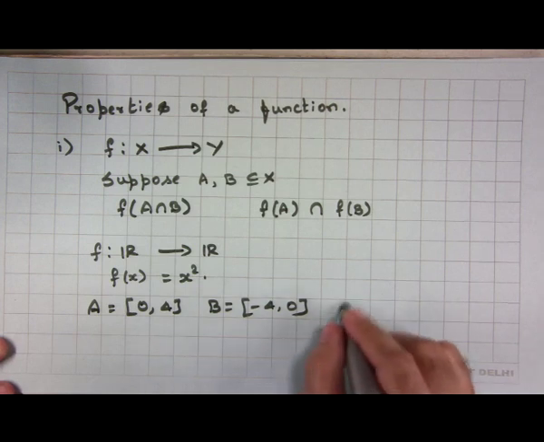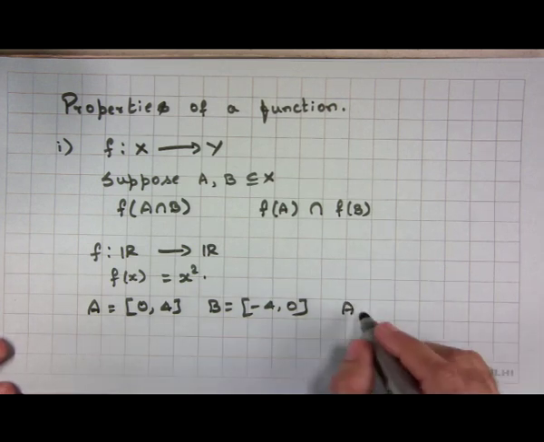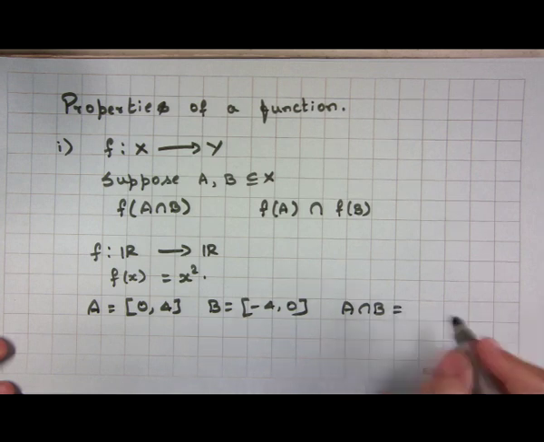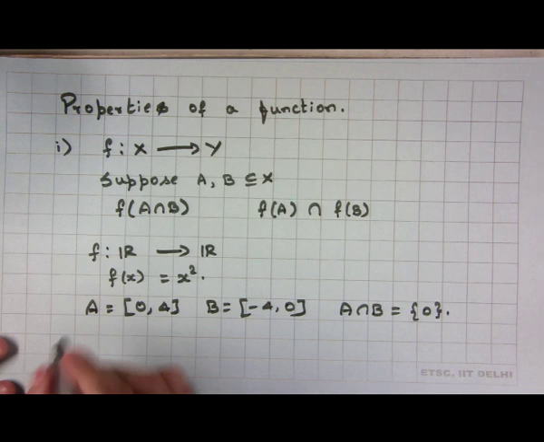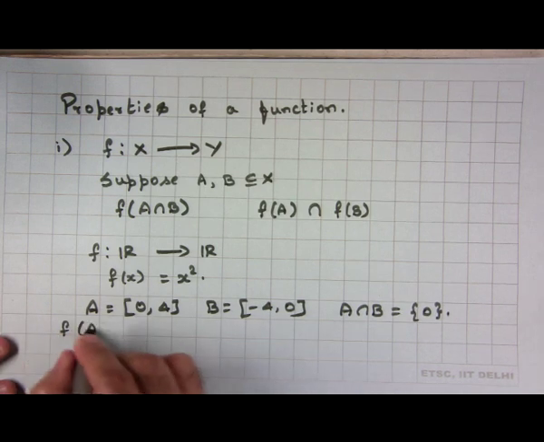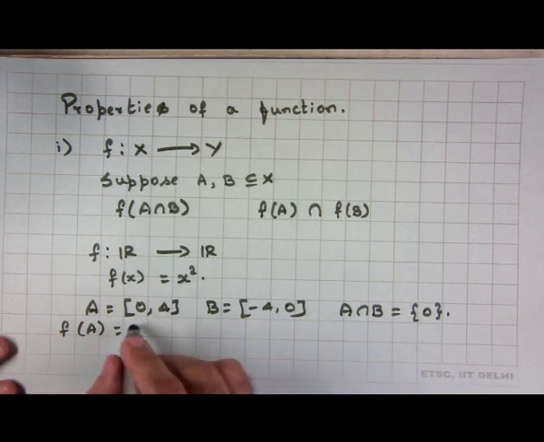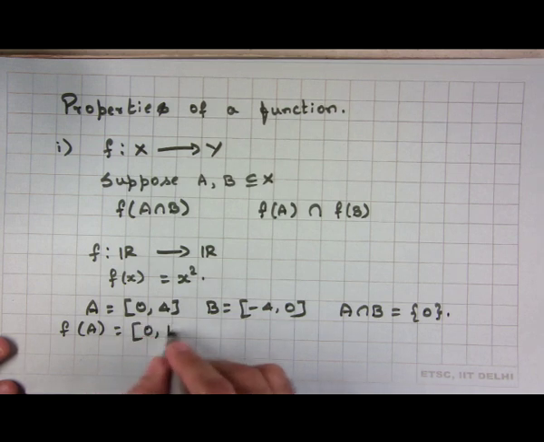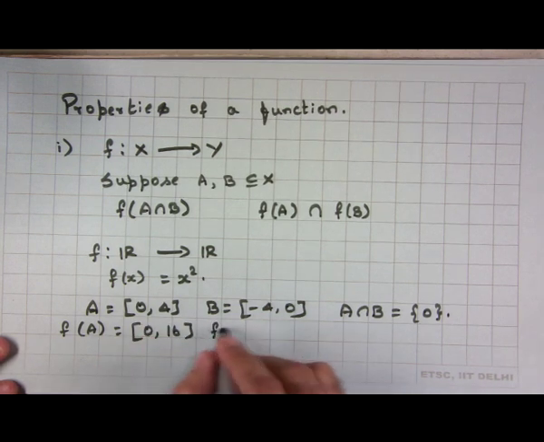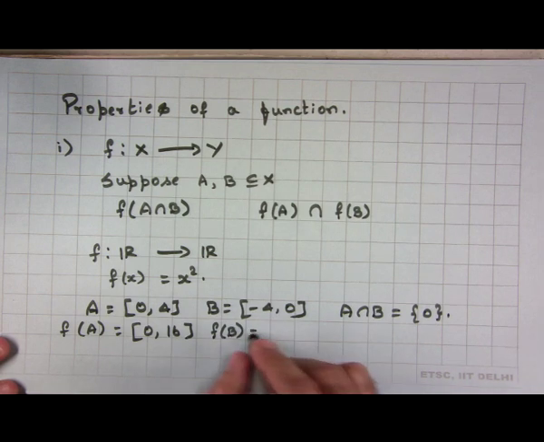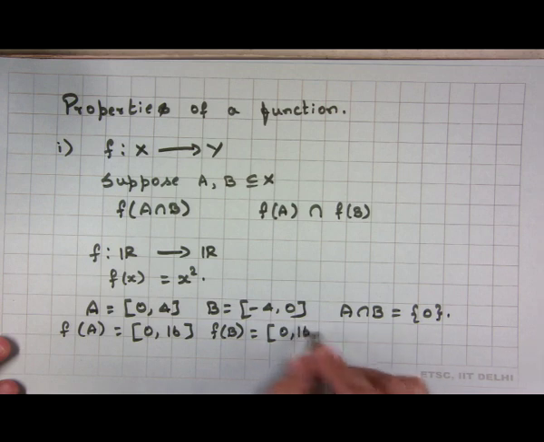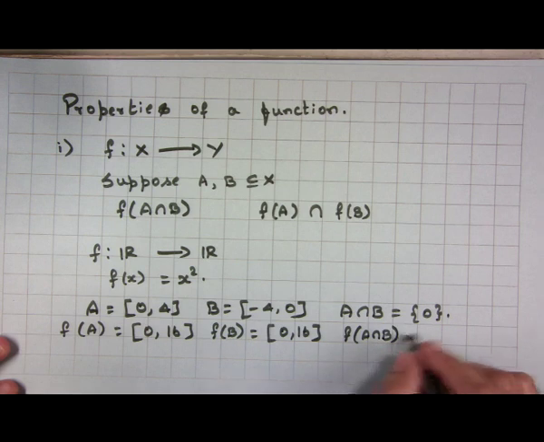By our choice of A and B, A intersection B is going to be just the singleton 0. Now, f of A is going to be the whole of 0 to 16, and similarly f of B is the whole of 0 to 16, and f of A intersection B is going to be just the singleton 0.